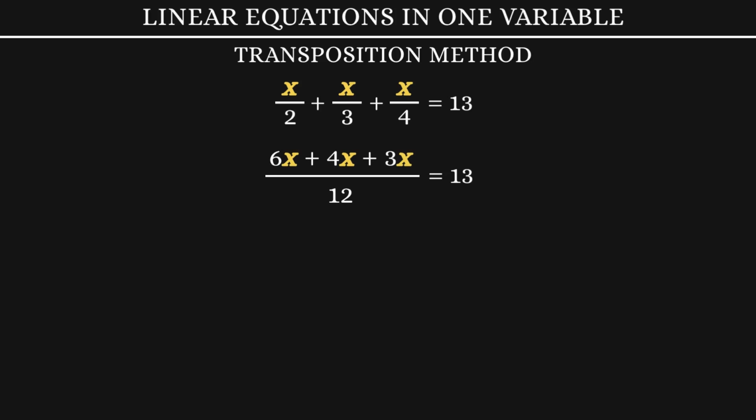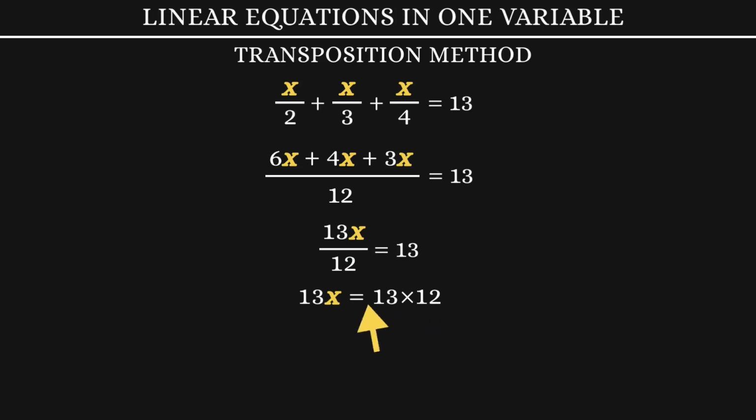Now we can add the x terms in the numerator. 6x plus 4x plus 3x is 13x. Now let's move this 12 to the other side. Division becomes multiplication. 13x is equal to 13 into 12.